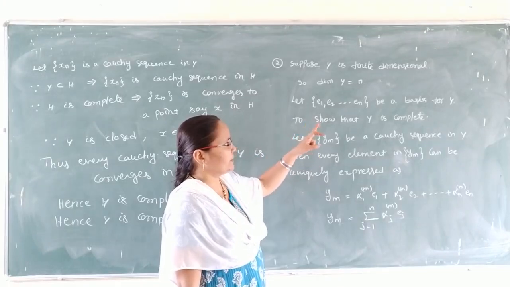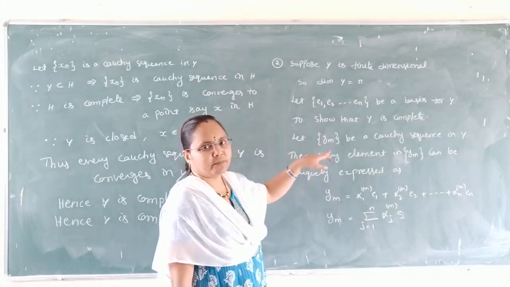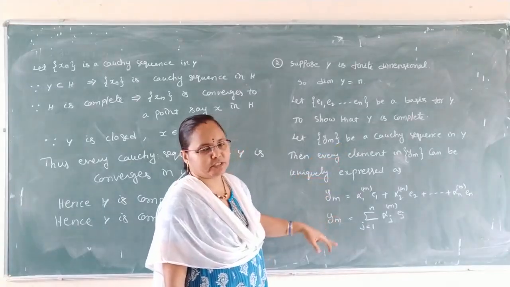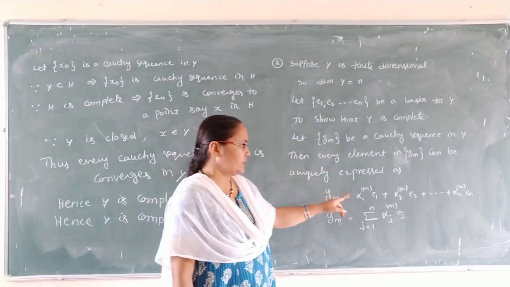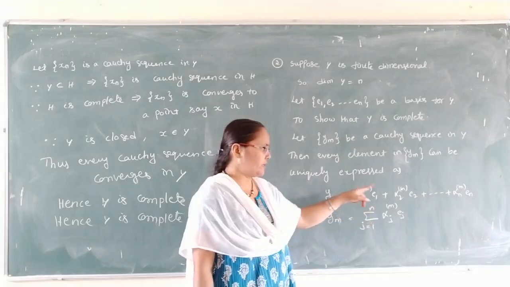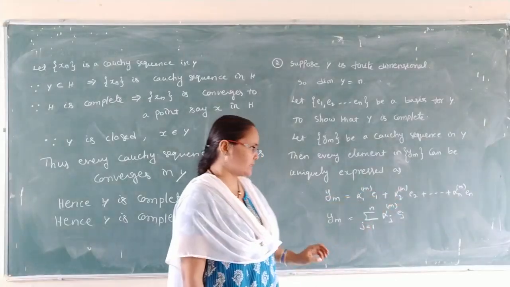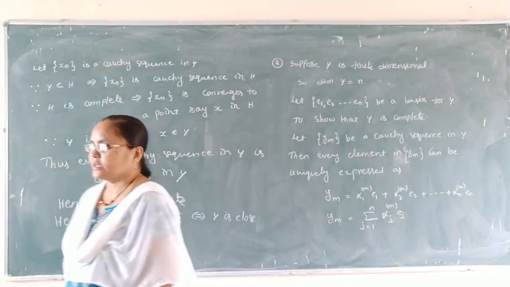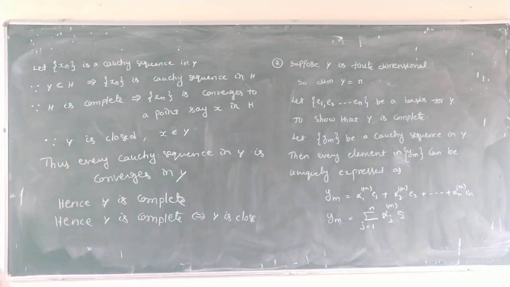Later, by applying the basis definition, every element of Y can be uniquely expressed as a linear combination of its basis elements. Linear combinations are scalars times elements. So here alpha 1m, alpha 2m are all scalars. Now this can be represented in summation form: summation j equals 1 to n of alpha jm ej.